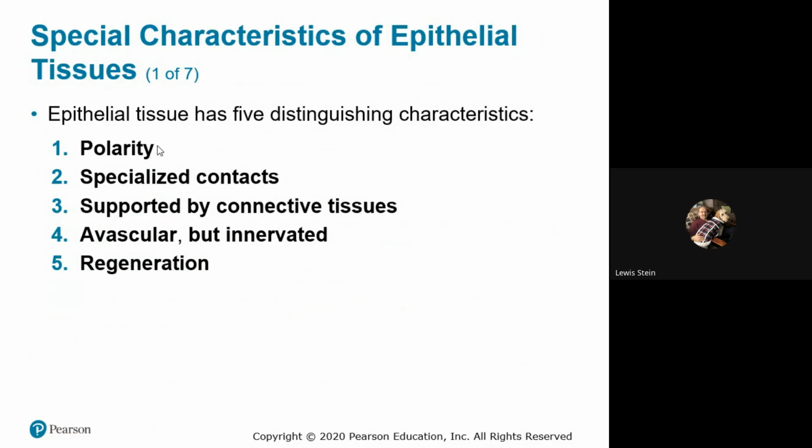Some cells, some fibers. This is loose areolar connective tissue, and anywhere you have an epithelial layer, this is underneath it. That's where it derives all of its nutrition, because epithelial tissues are avascular by definition. They have no direct blood supply.